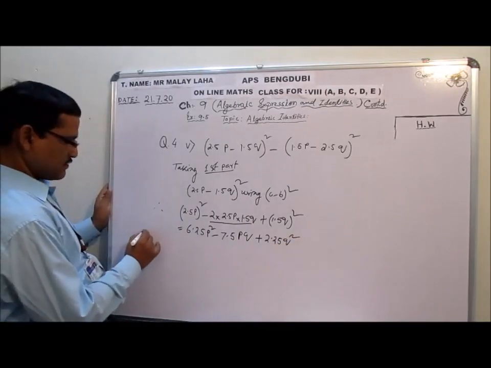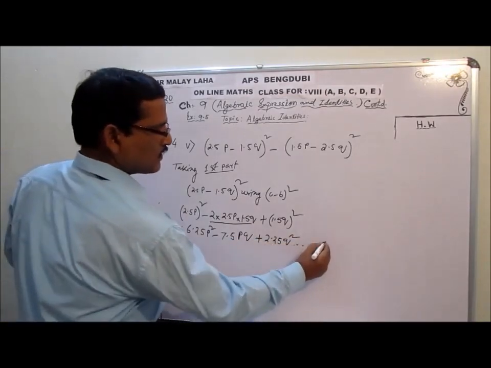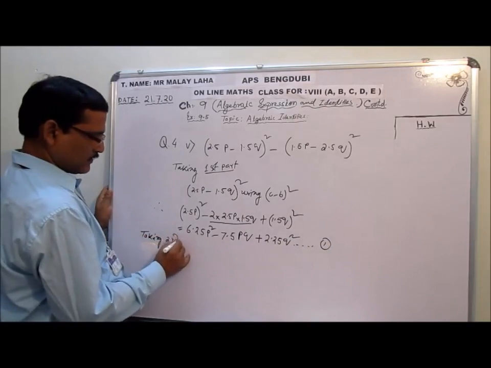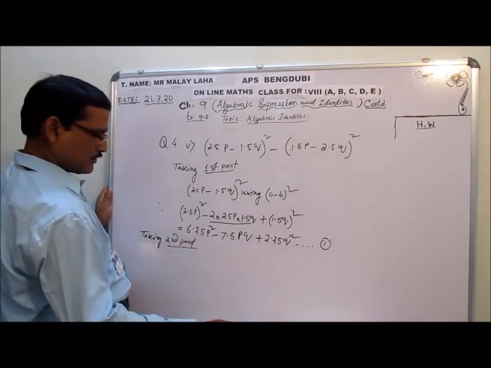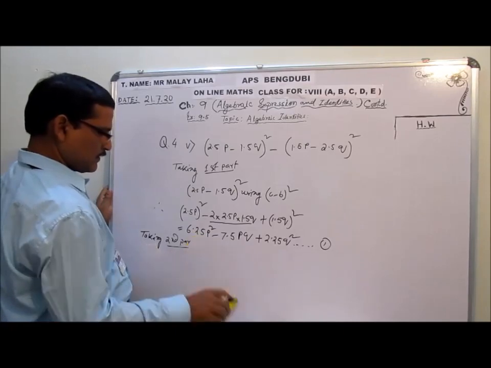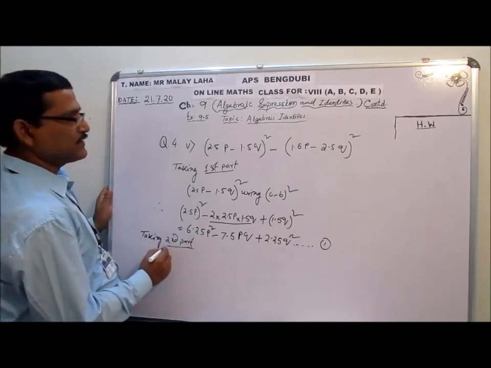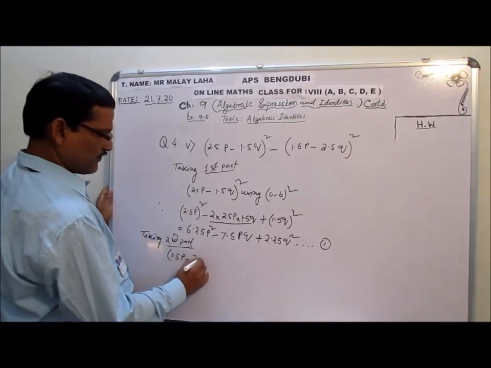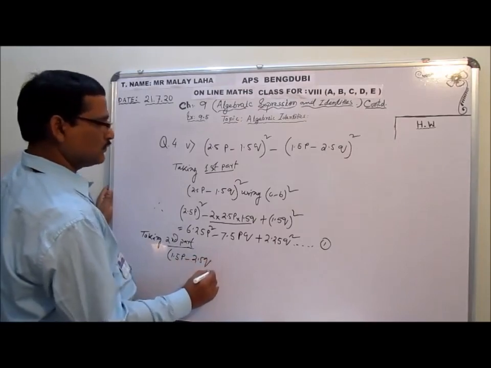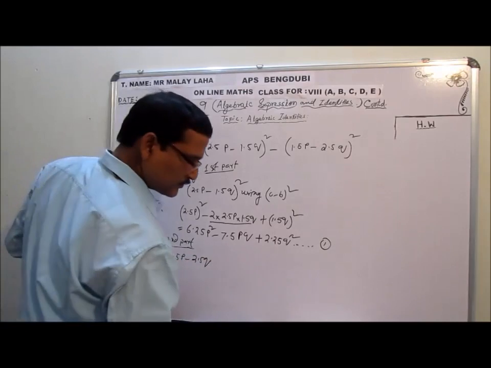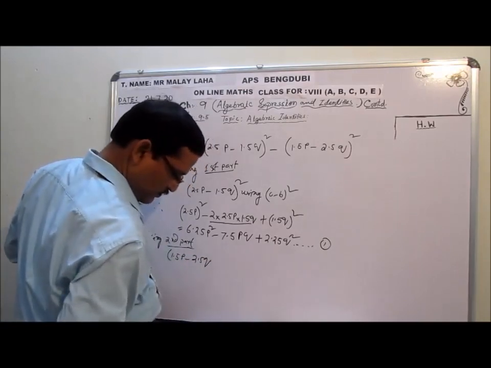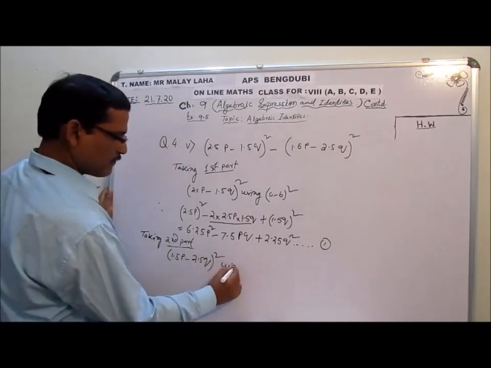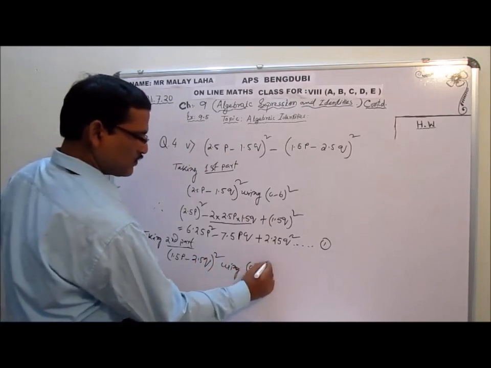This is answer 1. Now taking the second part. What is the second part? (1.5p minus 2.5q) whole square, using a minus b whole square.